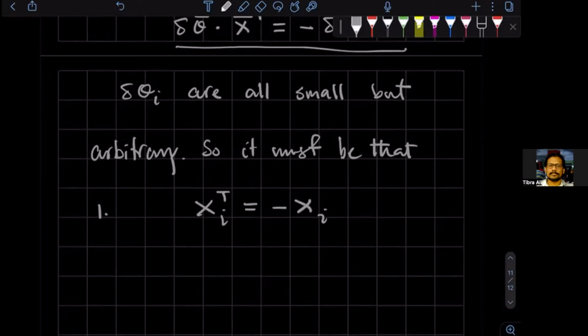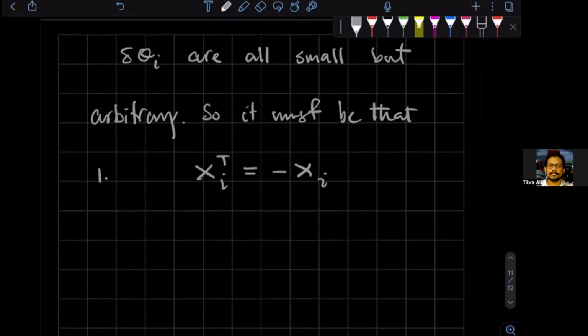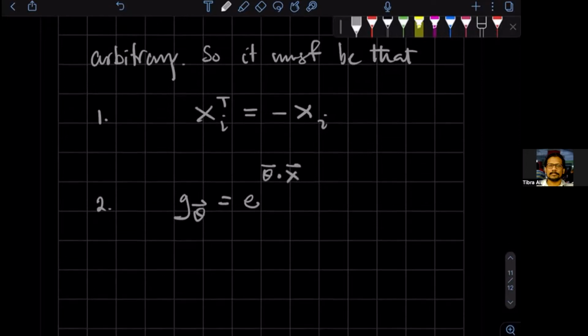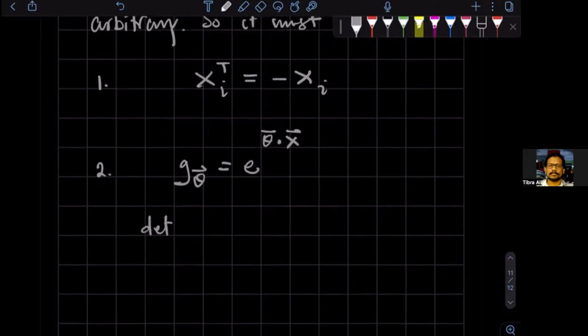Now, the other property that's important for us is that since we know that g of theta has the form e to the theta dot x, if I take its determinant, this is +1, and this is e to the theta i times the trace of xi.